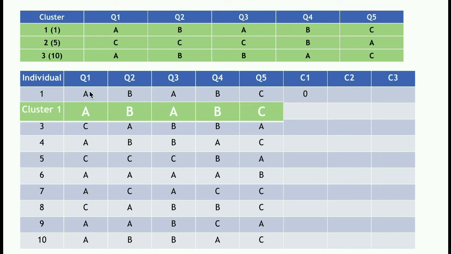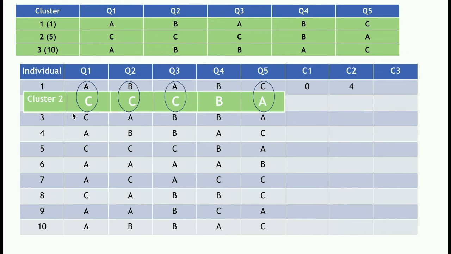So we don't add 1 here. So altogether, we have 0 as the distance for C1. That just refers to a distance away from the cluster. So this individual 1, intuitively, is no distance away from cluster number 1.